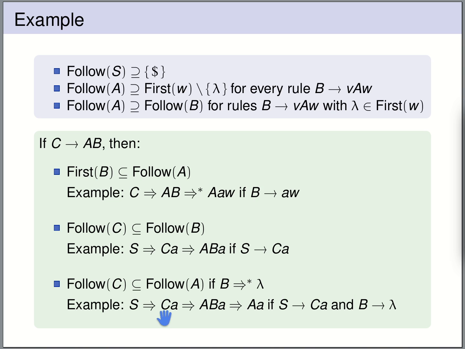S rewrites to CA, so the A follows C. Then we replace the C by AB, so now the A follows the B, but B is erasable, and if we erase B using B rewrites to lambda, then the terminal letter A suddenly follows the variable A. So if B can be erased, then anything that's behind C can be also behind A, so follow of C must be a subset of follow of A.